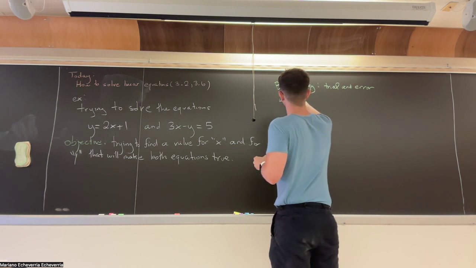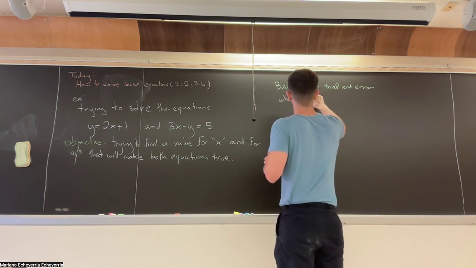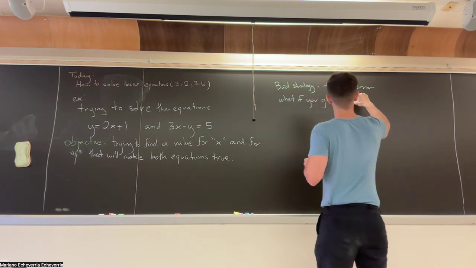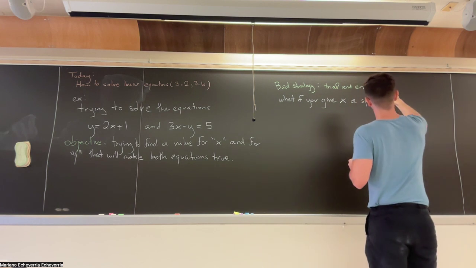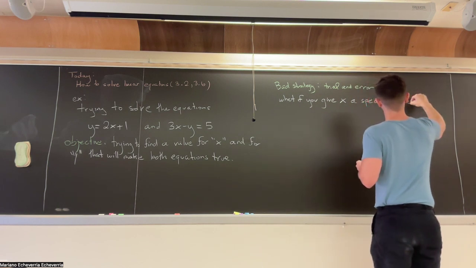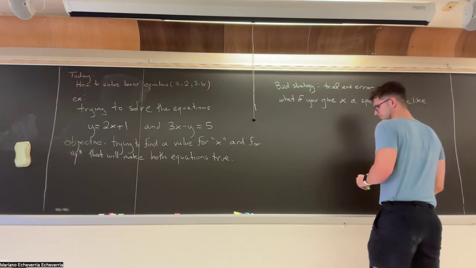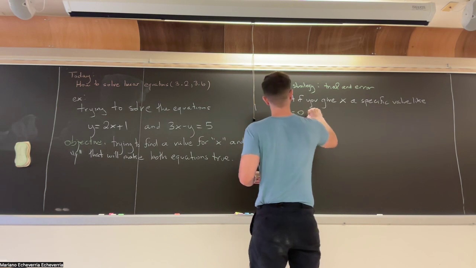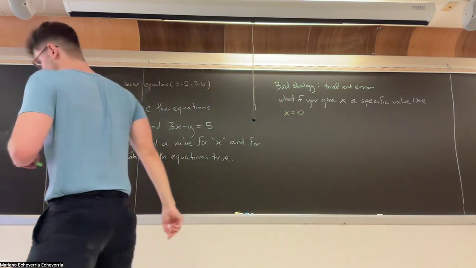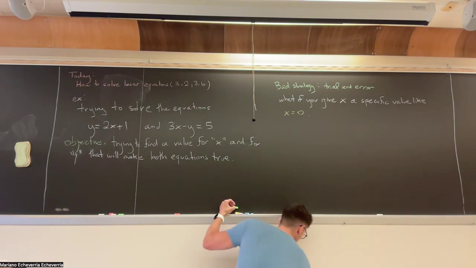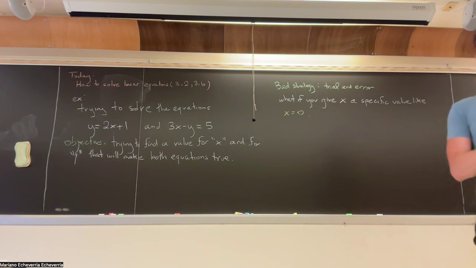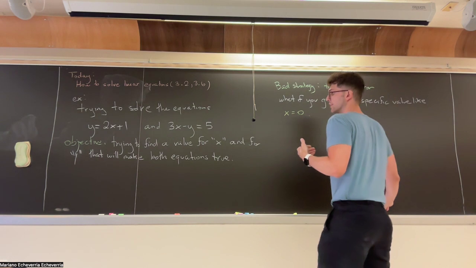So what if you give x a specific value, like x equals 0, just to make things easy. This is why I'm calling this trial and error, because I'm just guessing the value for x without any justification. So what is the effect of doing that?